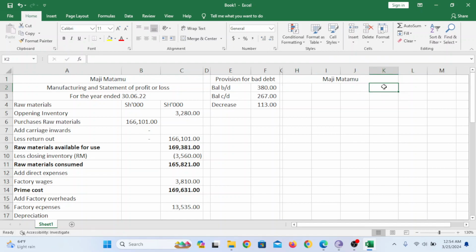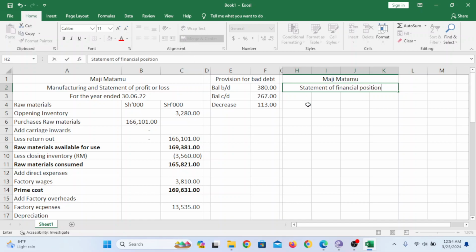Then I need to indicate what I'm preparing: this is a statement of financial position, as at 30th June 22.